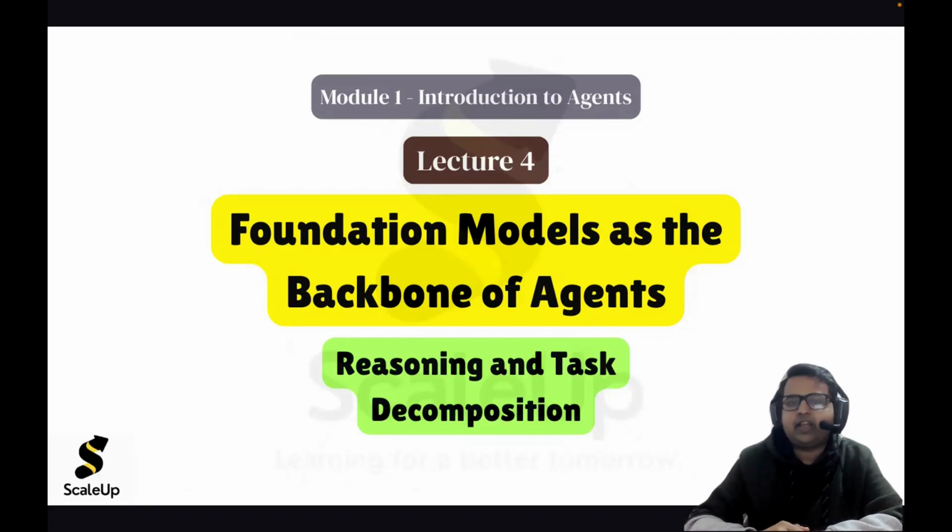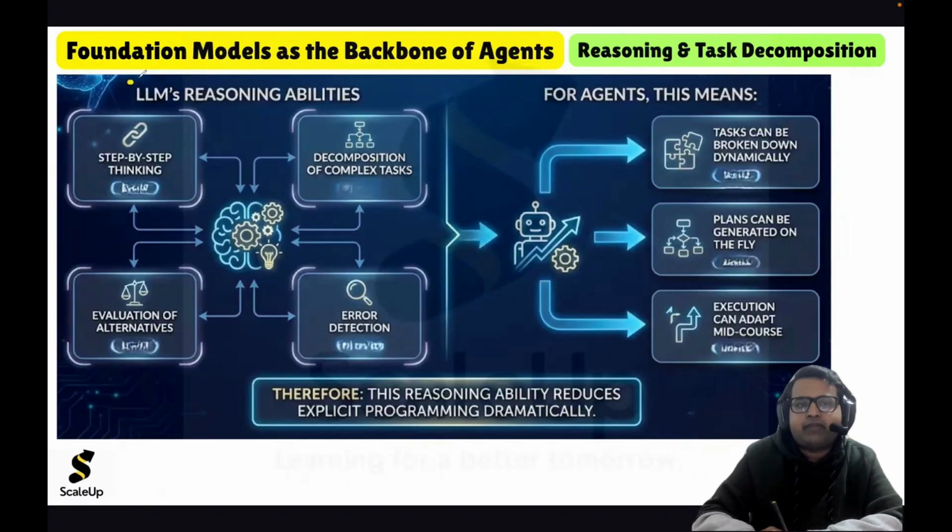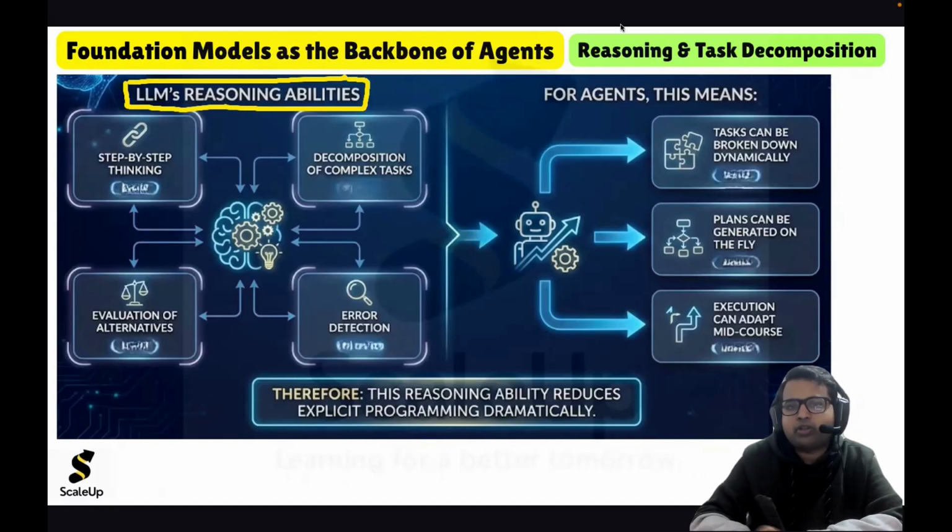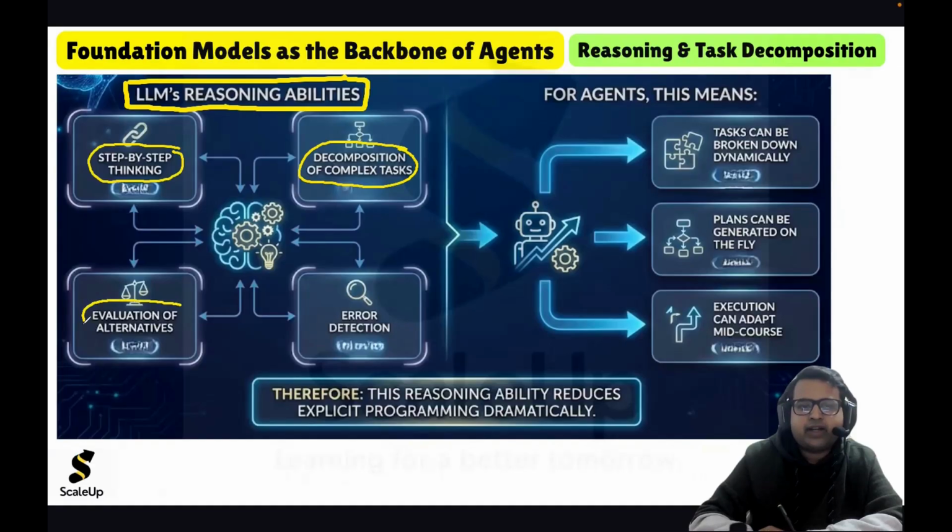Reasoning and task decomposition. Large language models have reasoning abilities. We know that they can reason, meaning they can perform step-by-step thinking. They can decompose complex tasks. They can perform step-by-step thinking, decomposition of complex tasks, evaluation of alternatives, and error detection.